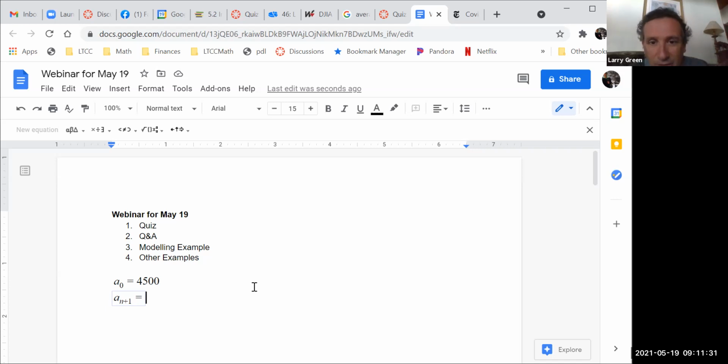We got an increase of 6%, but then at the end of that month, a fisherman grabs 300 fish. Look at it that way. So any idea how that works?